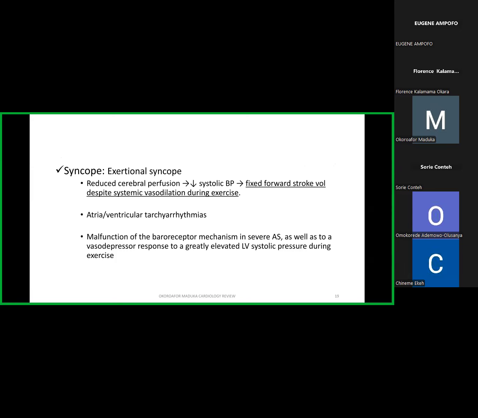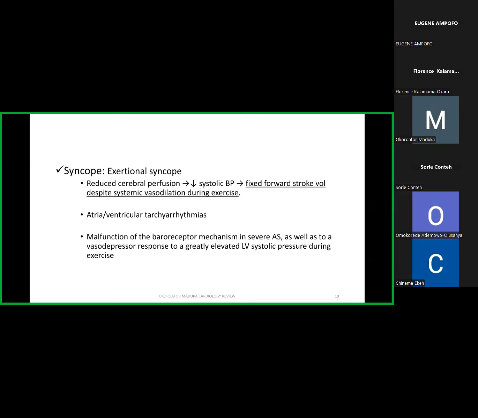The syncope they develop could be exertional or it could be at rest. Mostly with the exertional syncope, we understand that they have narrowed outflow, that is, the aortic valve is stenosed. So the amount of blood that can be pumped is fixed, and it cannot be varied when there is exercise. For instance, during exercise, the beta-2 receptors are stimulated, leading to vasodilation.